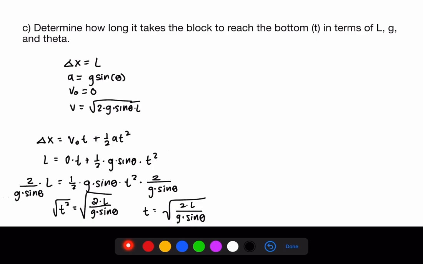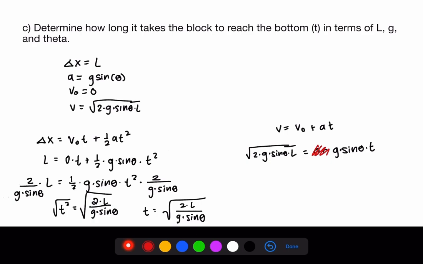The other way would be to use the equation v equals v initial plus a times t. We can substitute what we know and see that the square root of 2 times g times sine theta times L equals 0 plus g times sine theta times t.